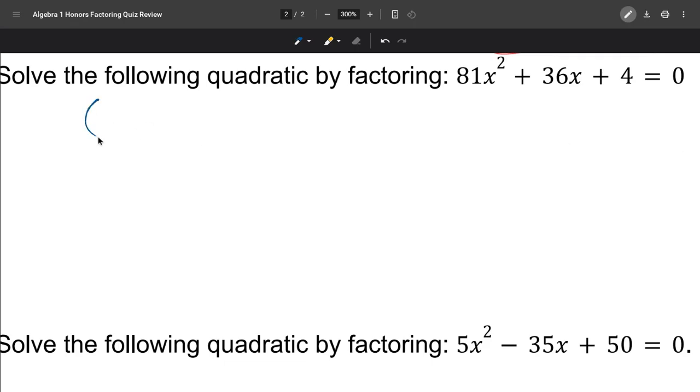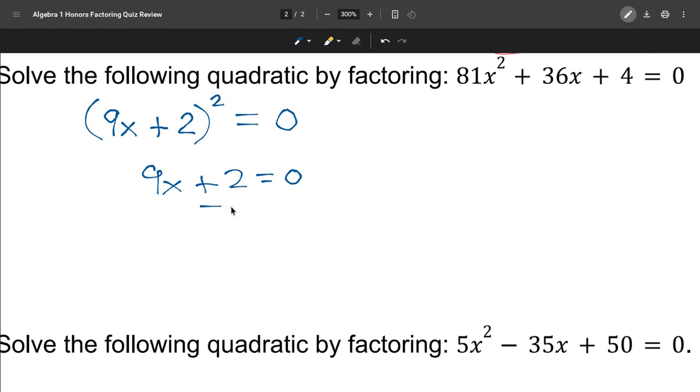So what we can do is we can factor this to 9x plus 2. So check myself with your a squared and your b squared. Make sure 2ab is equal to 36. But we got 9x plus 2 squared is going to equal 0. So we're going to set 9x plus 2 equal to 0.